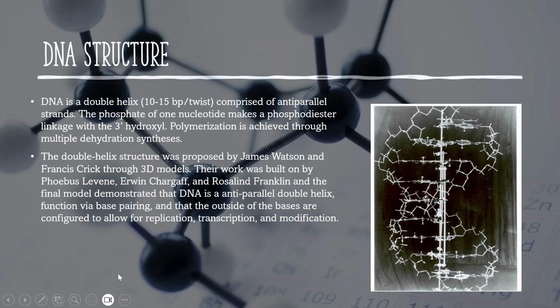So he's responsible for base pairing, so base pairing here in the middle. And then Phoebus Levene was the one who overall elucidated the structure of these nucleotides. So he was the one that discovered one phosphate group, one nitrogenous base, and one pentose sugar.